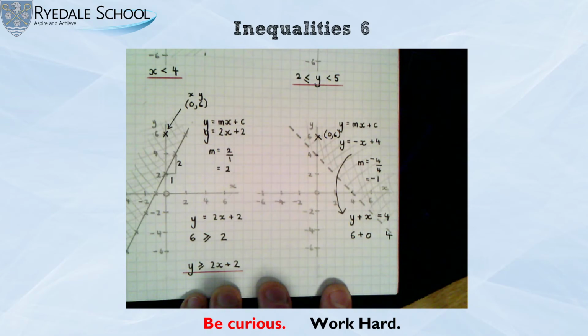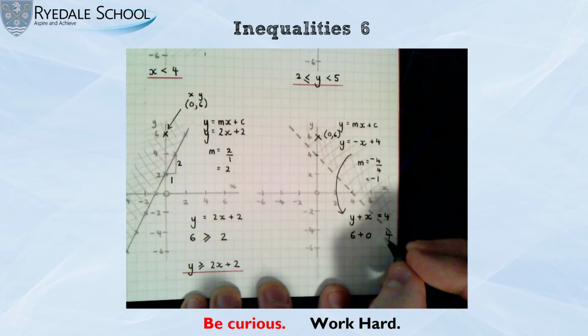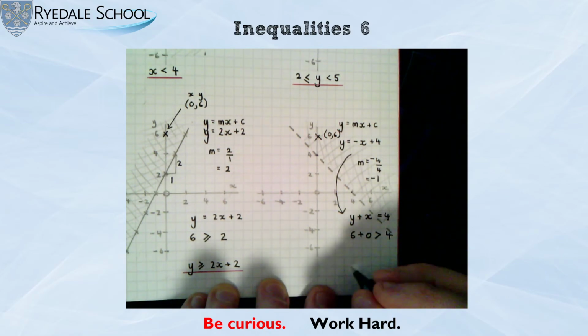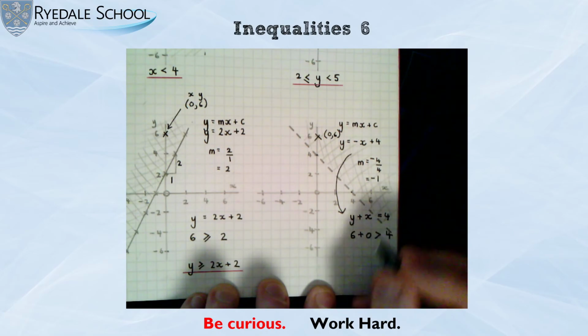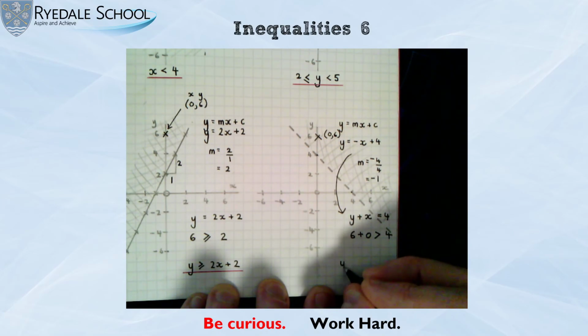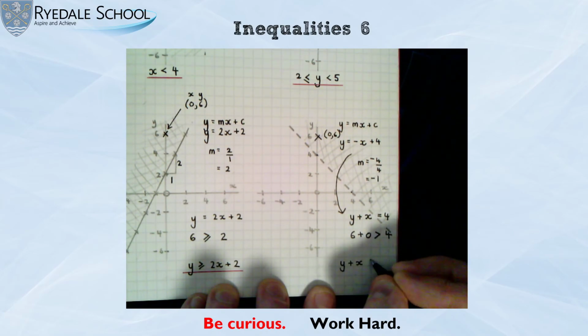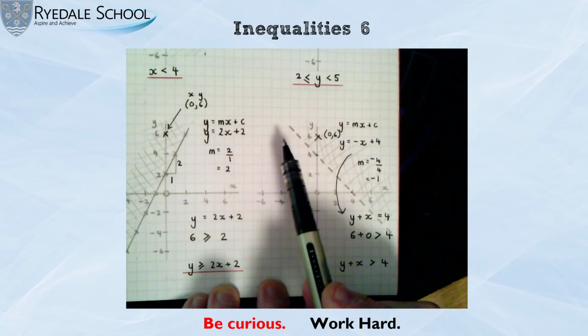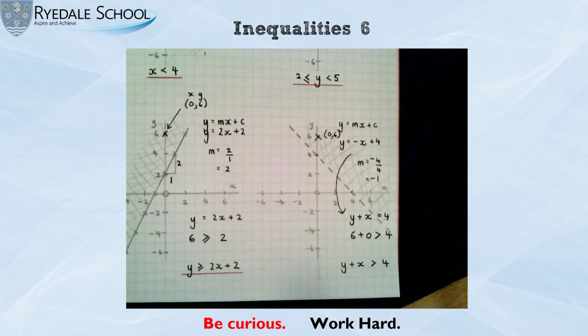Well, 6 plus 0 is 6, and that is greater than 4. So my final inequality should be, swapping that sign out, y plus x is greater than 4. Does it include the little equals to? No, it doesn't, because this line is dashed.